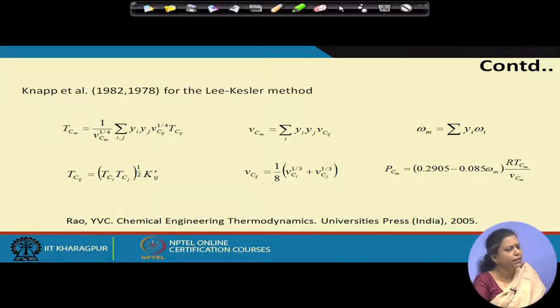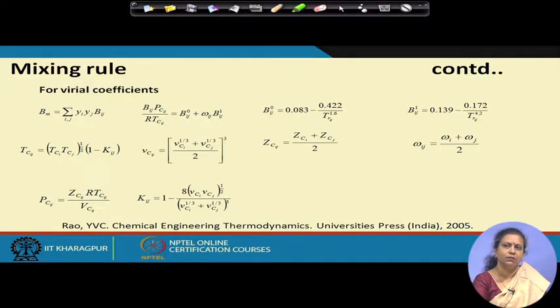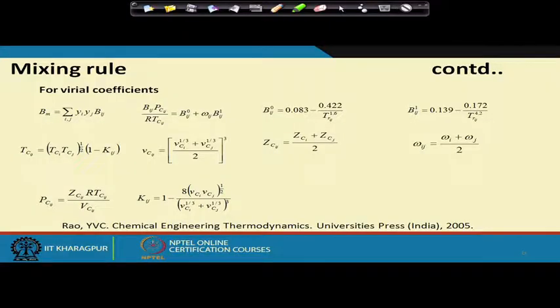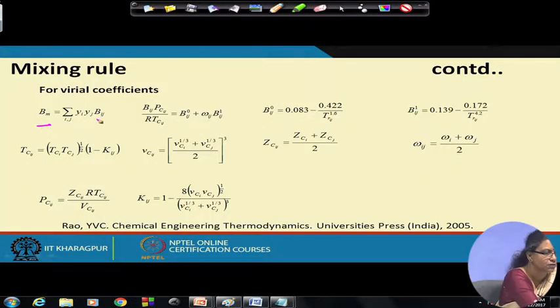suggested. Equivalent mixing rules are also available for the virial equation of state. There also we find that there are mixing rules and combining rules taking into account the mixture property in terms of pure component property, and also the interaction parameter in terms of pure component interaction parameters. So, accordingly, in this particular case also, B m has been written, and then this B m has to be expressed in terms of B ij.